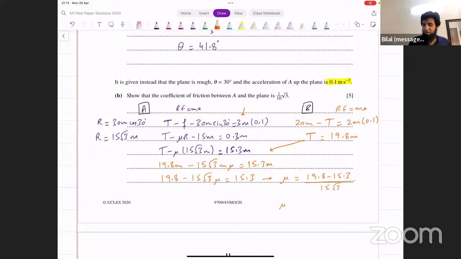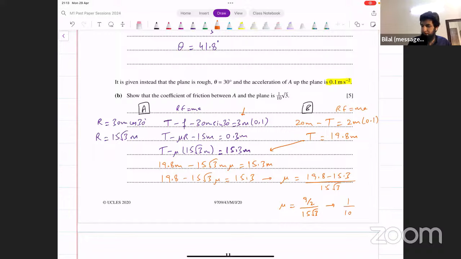Put that on your calculator. 19.8 minus 15.3 is 9 over 2. So you can write it like this first: 9 over 2, over 15 under root 3. That simplifies to under root 3 over 10. And that's what you have to prove.